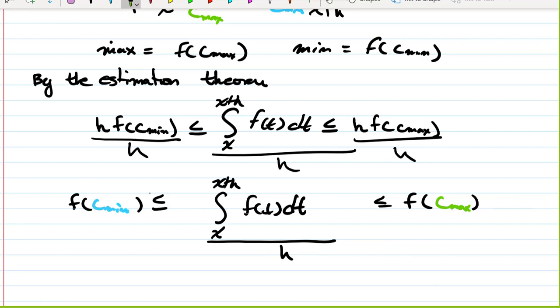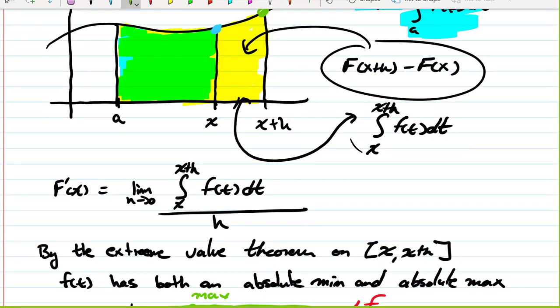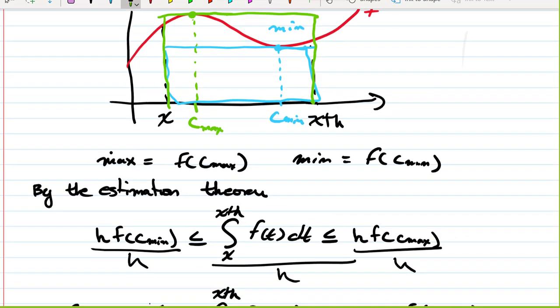So this tells us that this piece right here is in between f of C min and f of C max. But the integral from x to x plus h of f of t dt divided by h, that is the derivative if we take the limit as h goes to 0.